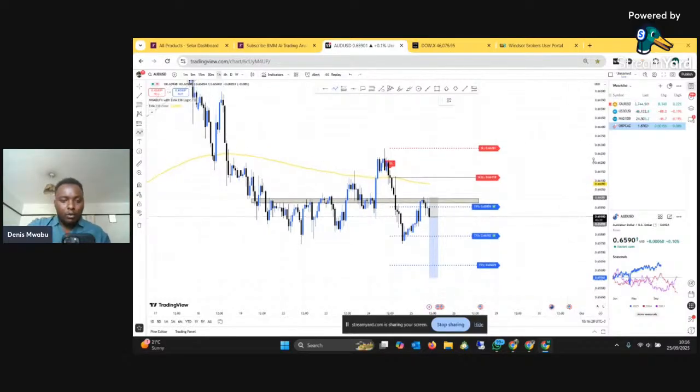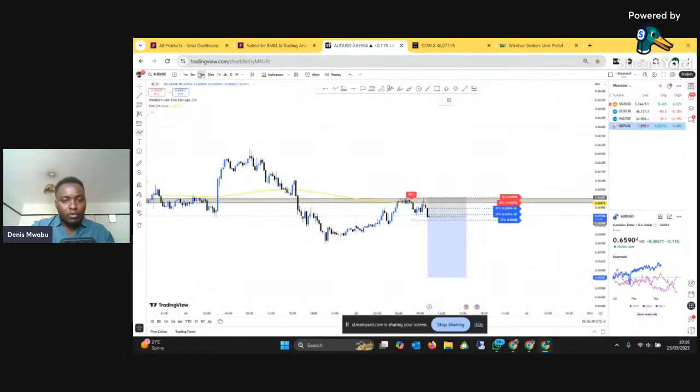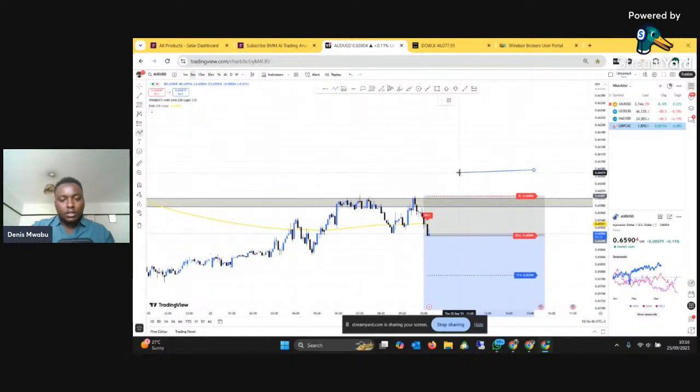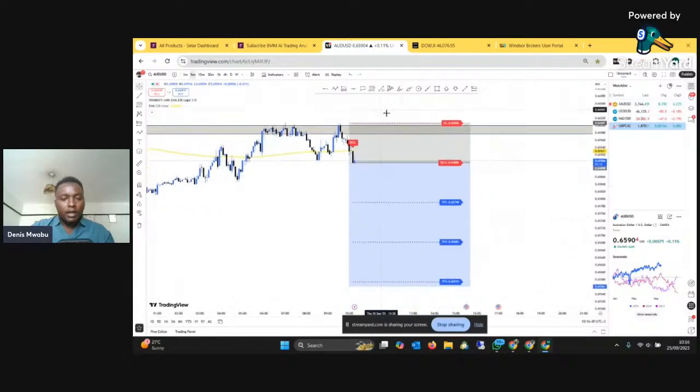Because you can see on AUD USD, this is a break, this is a retest of this zone here, and then we have our BMM confirming to us the sells, right? On the 5 minutes time frame, these are very clear sells.